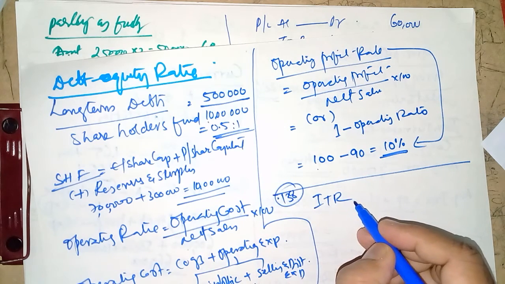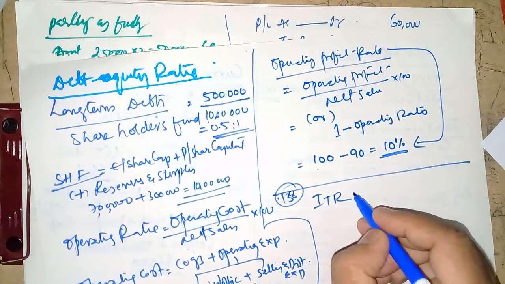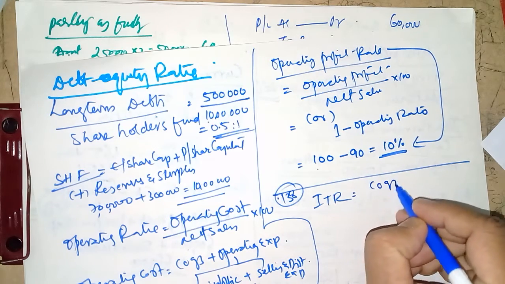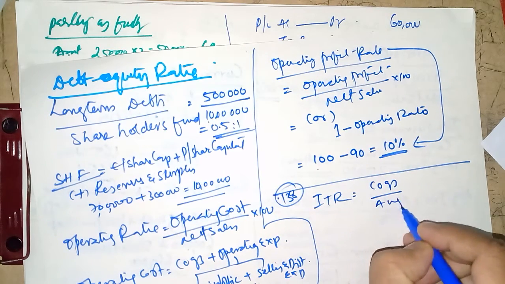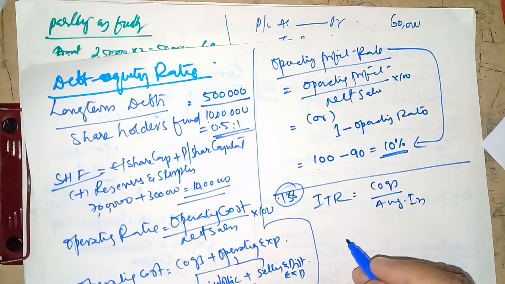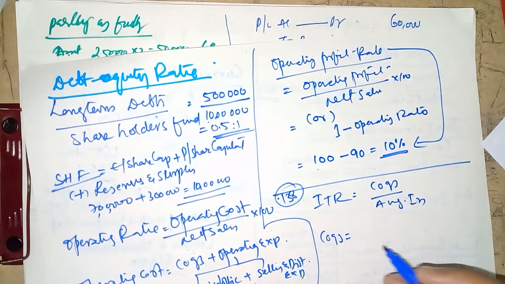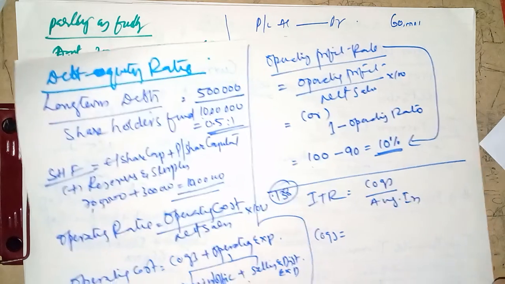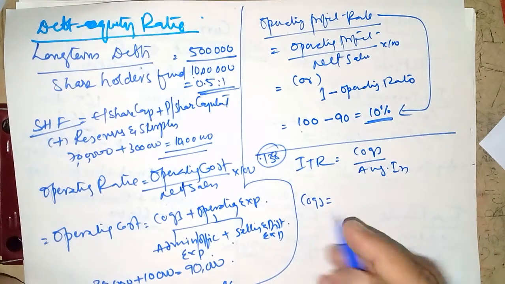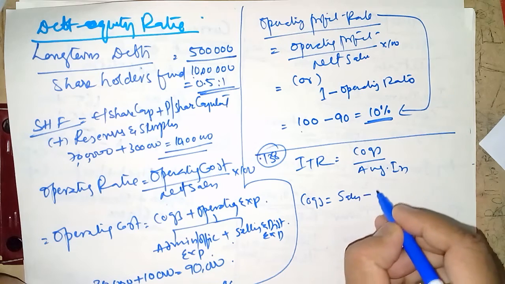The formula of the inventory turnover ratio, ITR, is COGS divided by average inventory. First, the calculation of COGS. How to calculate COGS? As we have already discussed, for COGS calculation we have two formulae. One is sales minus GP.